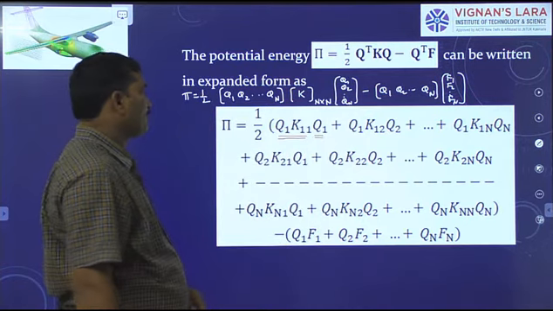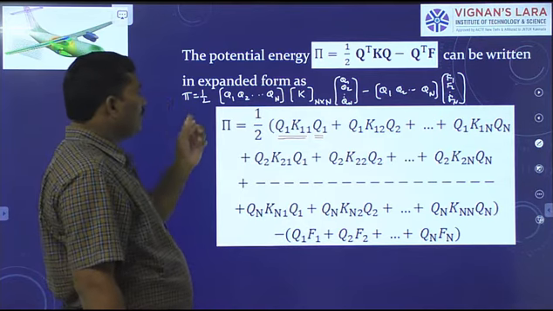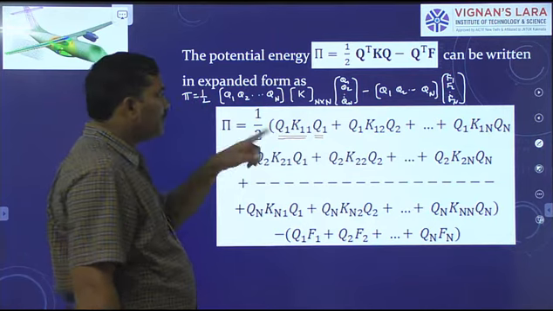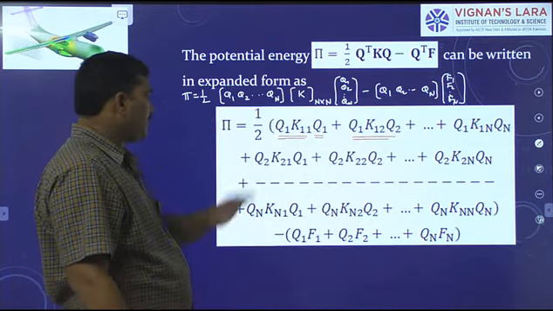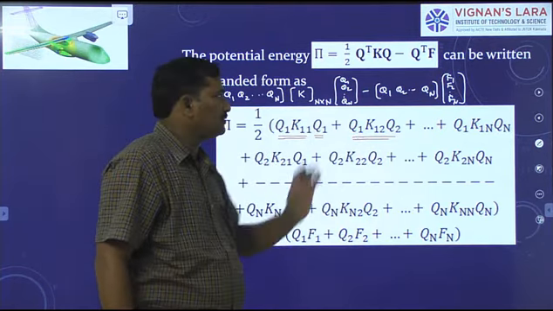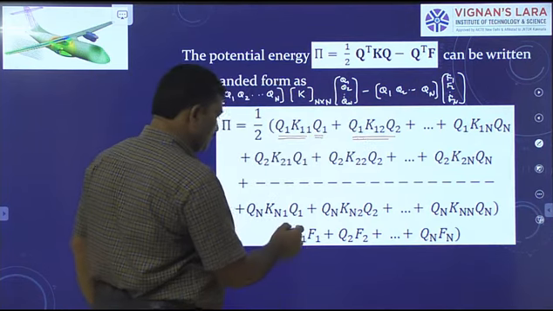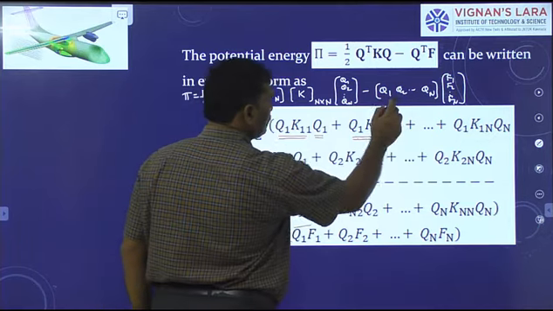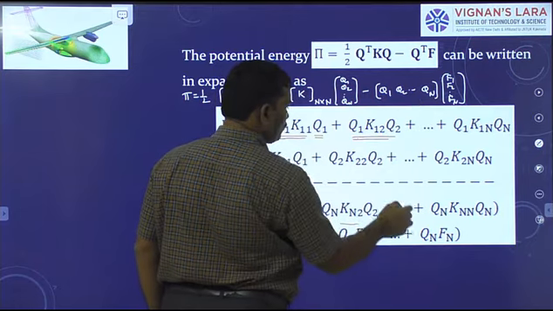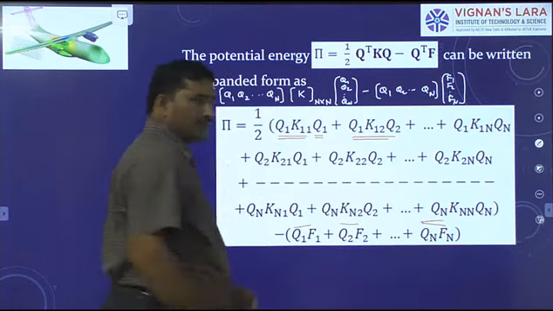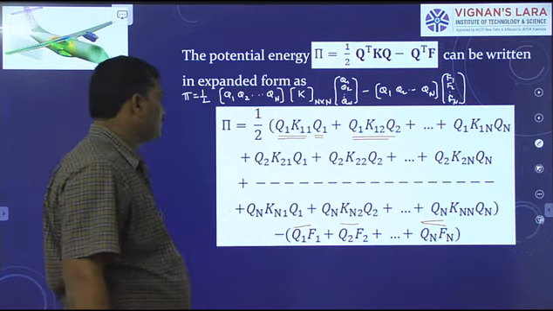Next, plus Q1 into K12 into Q2, and this is how you can write. Next, minus Q1 into F1, plus Q2 into F2, plus Q3 into F3 and so on, up to Qn into Fn. This is how we write.